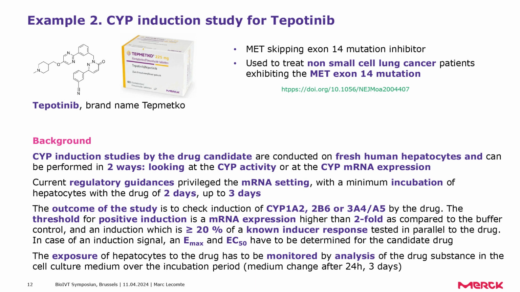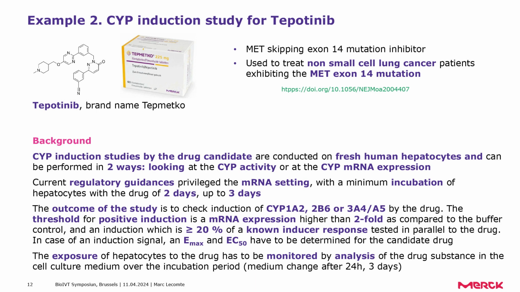Current regulatory guidance favors the mRNA setting with a minimum incubation of 2 days, and they say it's up to the sponsor, 2 or 3 days, but minimum 2. The outcome of the study is to measure and check induction of the inducible CYPs 1A2, 2B6, 3A4, 3A5. I won't go into the detail. If you have an induction of 3A4, 3A5, then you have to go on to see possible induction of the 2Cs.